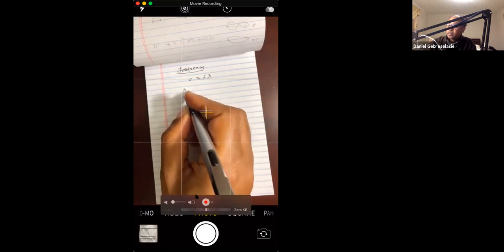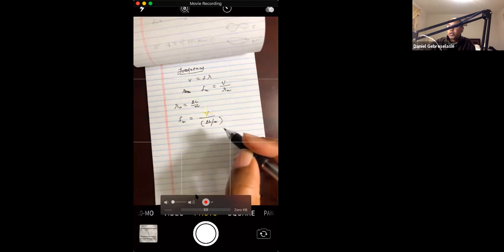So we have lambda n, or let's say frequency, the nth frequency equals the speed of the wave divided by the nth wavelength, okay? But lambda n, we just concluded, is 2L over n, right? So the frequency of the nth harmonic is V divided by 2L over n, where n is the harmonic number, okay?